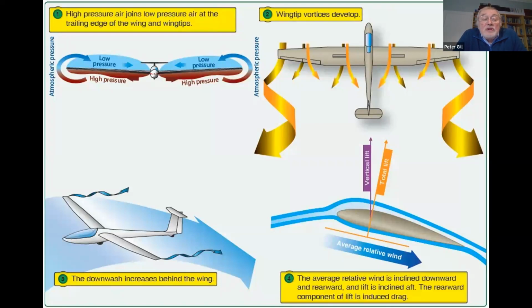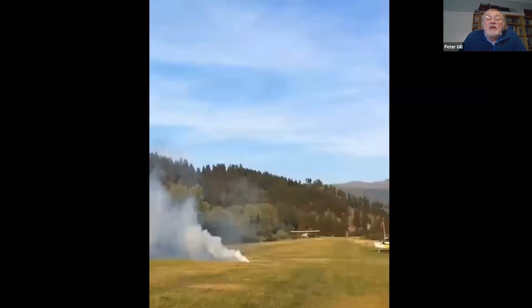The second sort is shown in the lower diagram. Overall, the airflow is deflected downwards by the passage of the aircraft, and it's a simple bit of Newton. If you push something down, you get an equal and opposite reaction pushing up. Okay, so we have those two forms of induced drag. Can't avoid them, they're there.